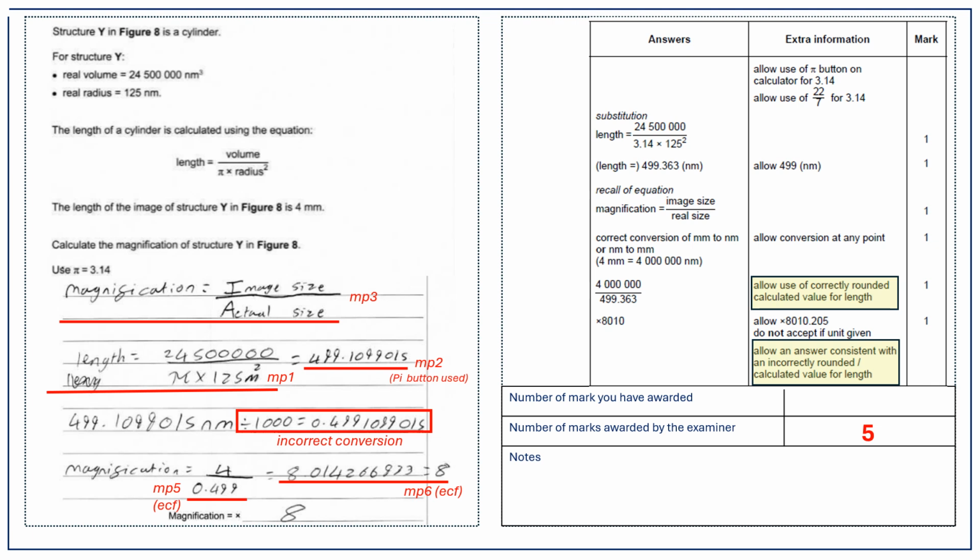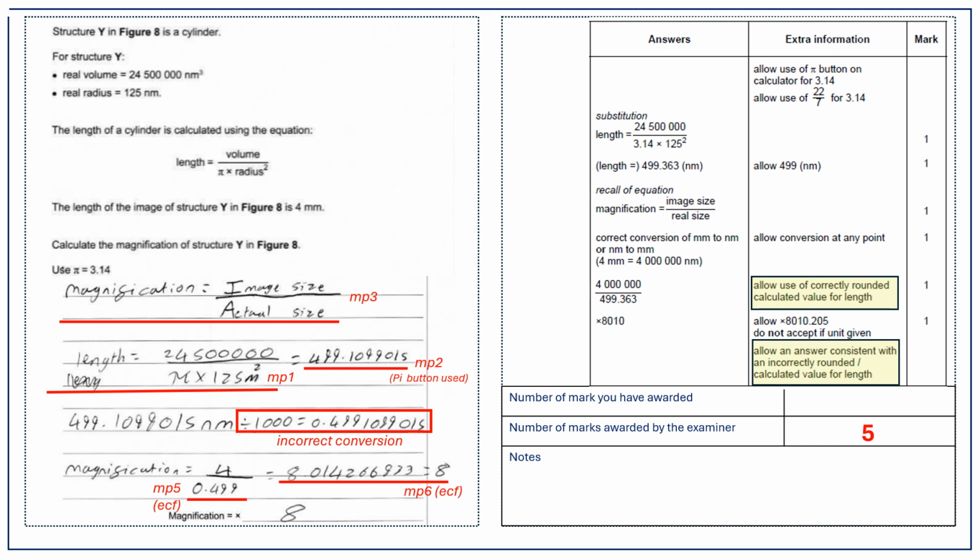As we mentioned at the very beginning of the session, people will always see things slightly differently and might disagree with marking in places. This is one of those places for me. I probably wouldn't have awarded marking point 6, as the student's answer to their calculated equation is actually incorrect.